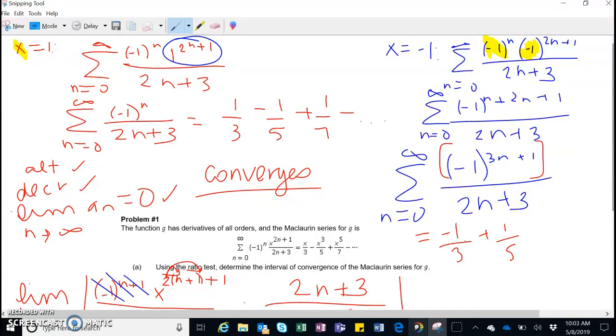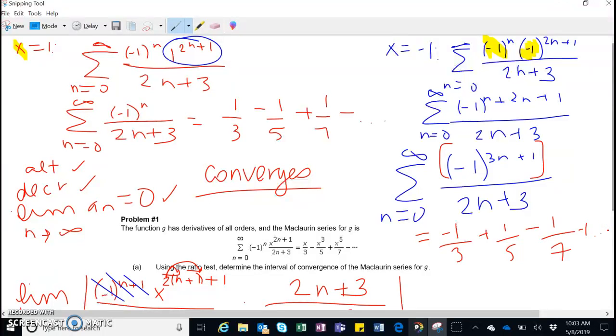One more, if I plug a 2 in, the power up there becomes 7. -1 to the 7th power is negative. And I get a 7th down here. It looks like the only change that's occurring when I check the other endpoint is that my alternating terms are opposite.